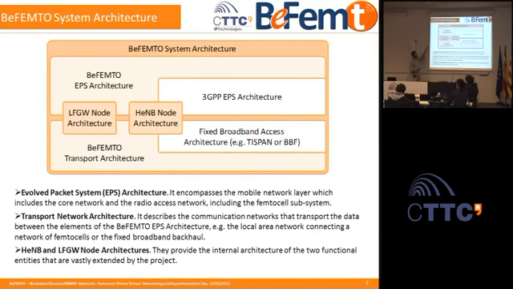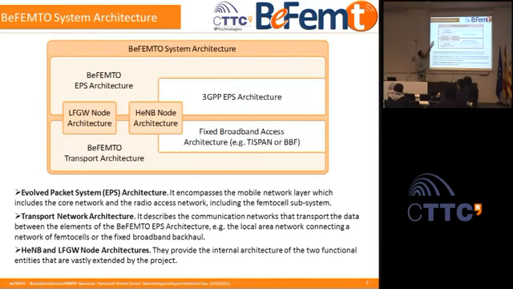So what you're seeing in this figure, you already saw it in Thierry's presentation during the first day, but what you're seeing in this figure is basically what BeFEMTO does, both at what the 3GPP calls the radio network layer, which is from this line and above, and also what does BeFEMTO do and how BeFEMTO handles the transport network layer, so what is below carrying the packets.